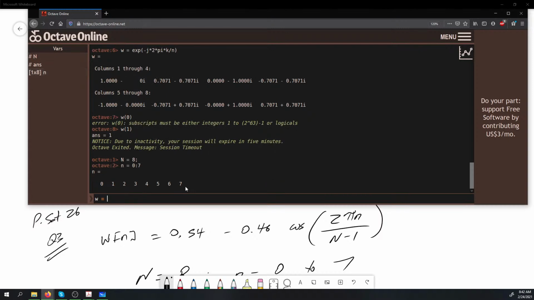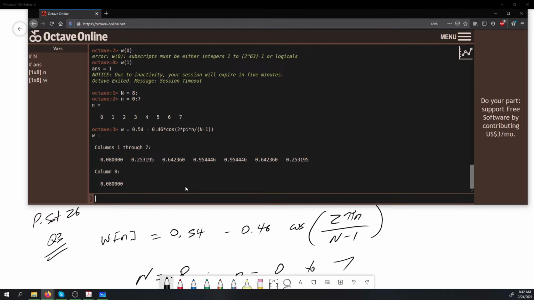And then we can calculate our Hamming window here with 0.54 minus 0.46 by cosine 2 by pi by n divided by capital N minus 1. And we can see here immediately that we were able to calculate all the values required for the 8-point Hamming window as required from the equation itself.